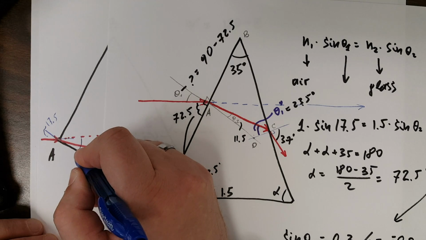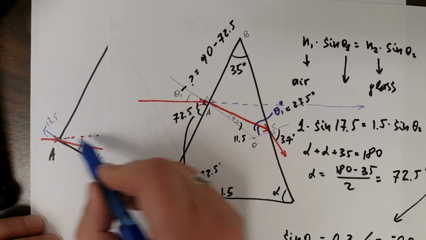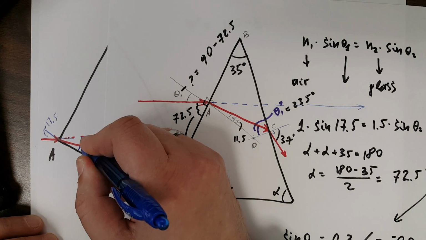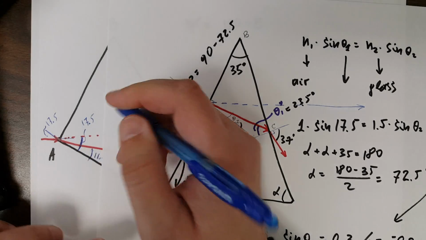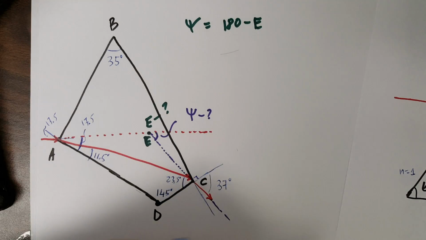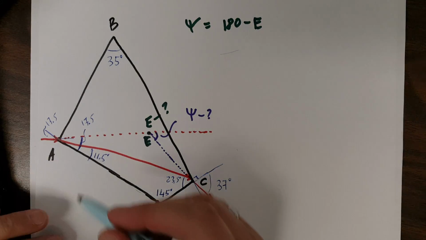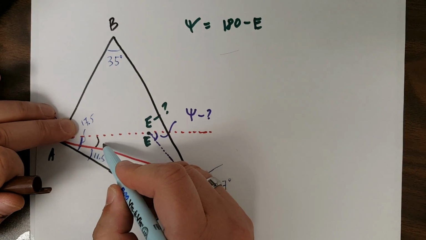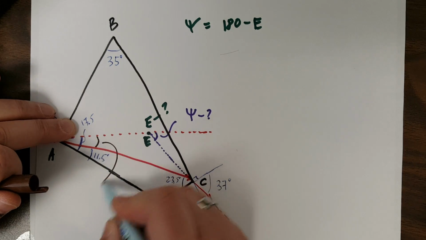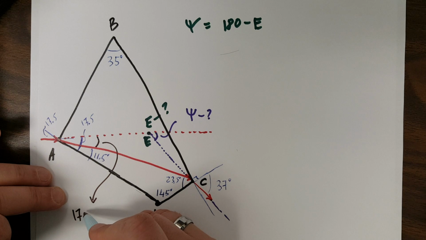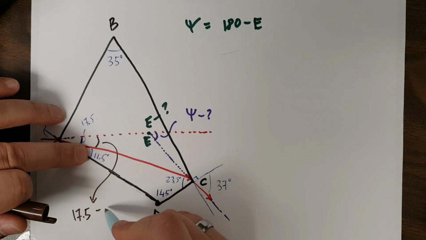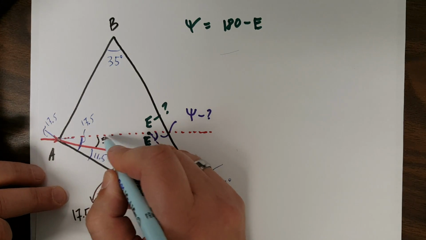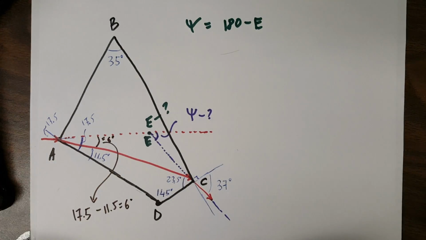So this angle, so normal ray, this total angle equals 17.5. So now finally this angle will be equal to the difference, 17.5 minus the smaller angle 11.5, which gives us 6 degrees. All right. Done with this part.